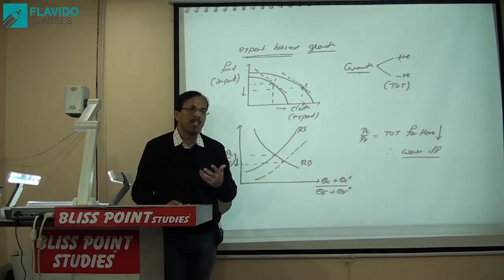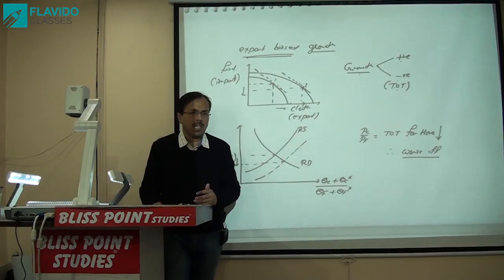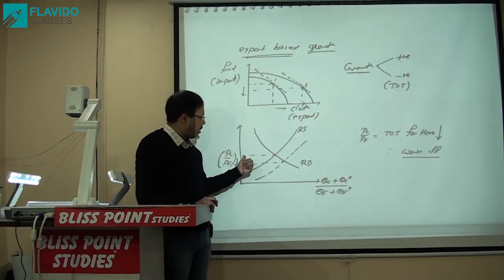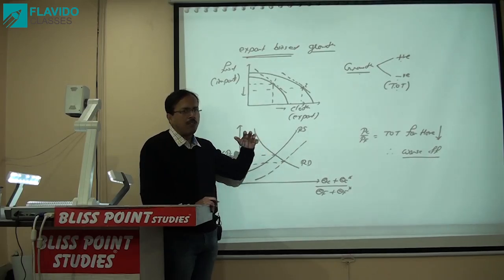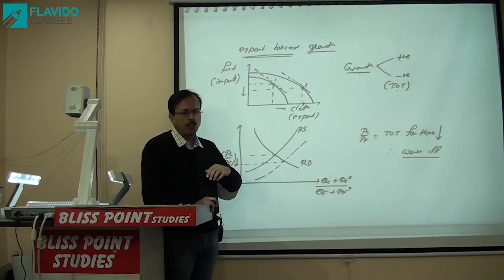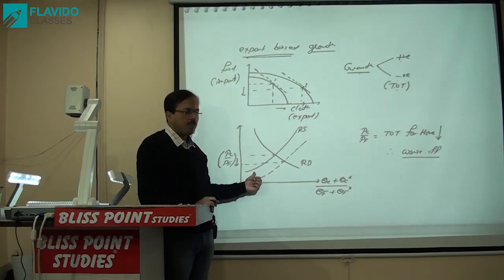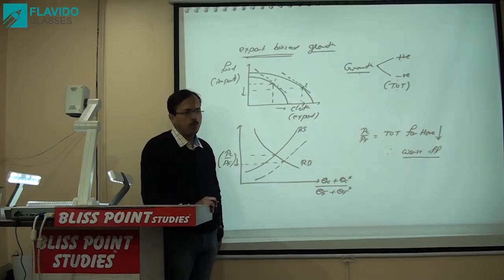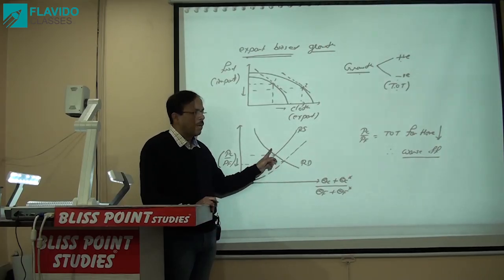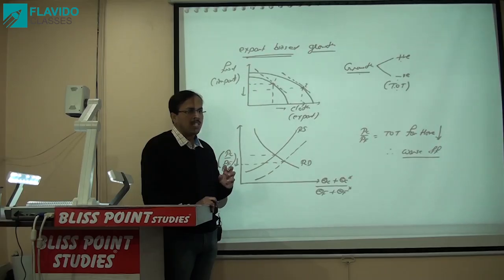So when immiserizing growth can arise, the negative has to be greater, but the negative is due to the reduction of TOT. So if TOT is declining more, then that negative effect will be more. But when will this TOT decline more? When inelastic. This relative supply and relative demand, it has to be elastic or inelastic.